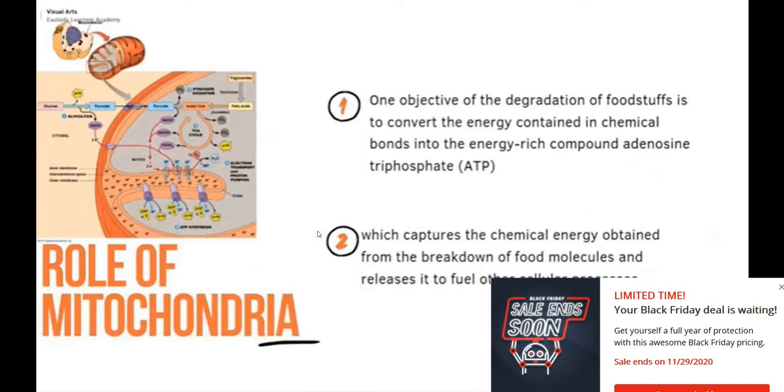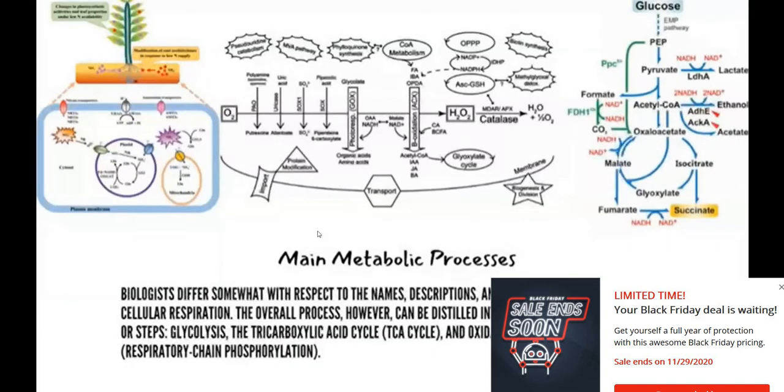The role is to convert the energy contained in chemical bonds into the energy-rich compound ATP, which captures the chemical energy obtained from the breakdown of food molecules and releases it to fuel other cellular processes. Main metabolic processes. It can be distilled into 3 main metabolic stages or steps: glycolysis, the tricarboxylic acid cycle, and oxidative phosphorylation.